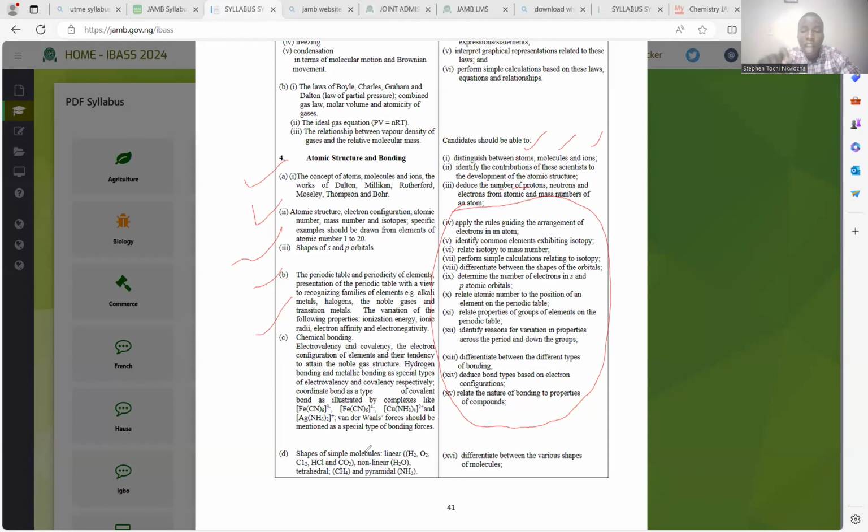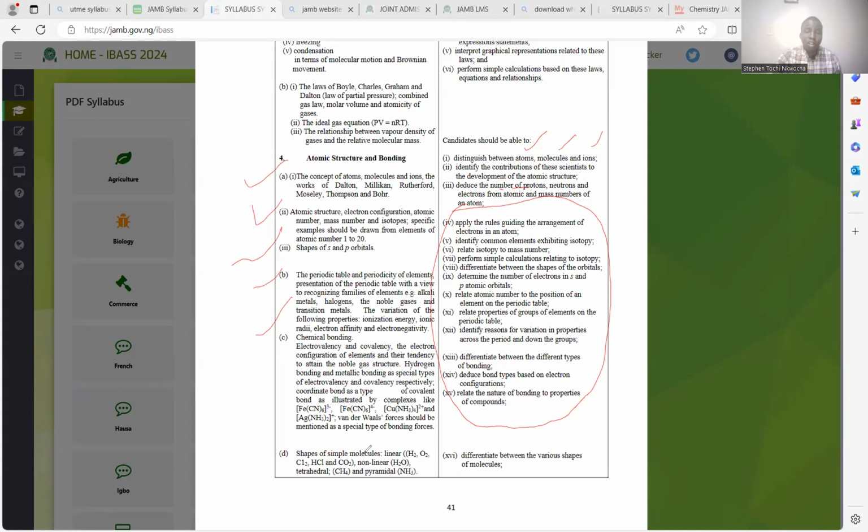Having said that, because it is our first time in this series, let me go through the periodic table at least, so that you get used to something, or you get reminded of it. One thing I like about the periodic table is that in JAM, you are guaranteed maybe 4 to 5 questions in the new CBT style. If it was the pen and paper side, you are guaranteed about 9 questions.